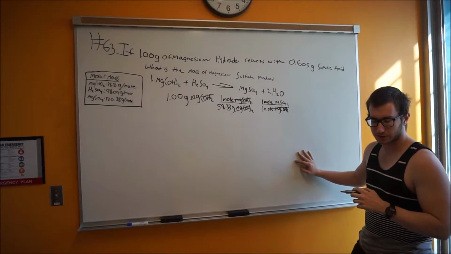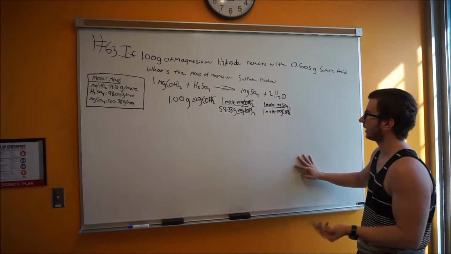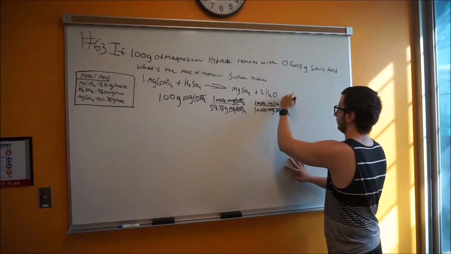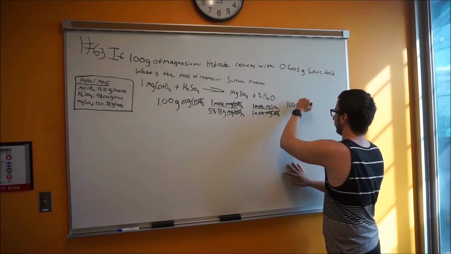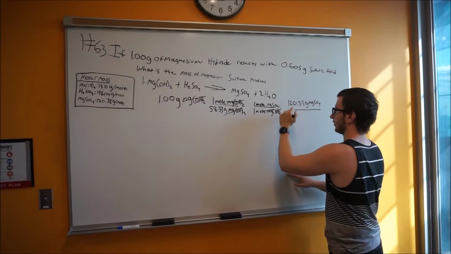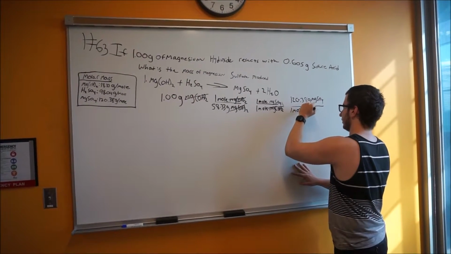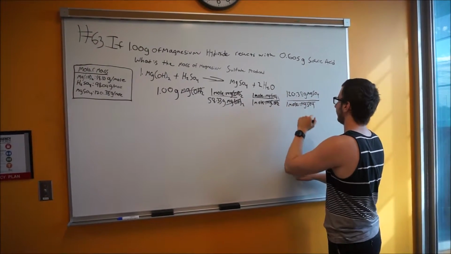Then we need to discover the mass of the MgSO4. So to do that, we put the molar mass on top, which is 120.38 grams of MgSO4 divided by 1 mole of MgSO4, which cancels there and there.